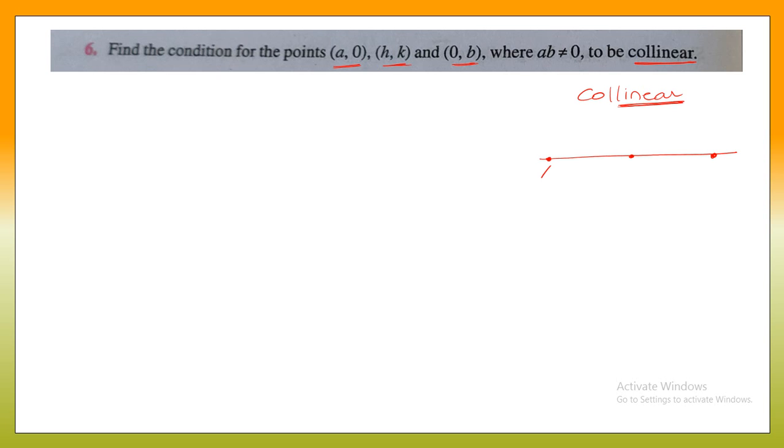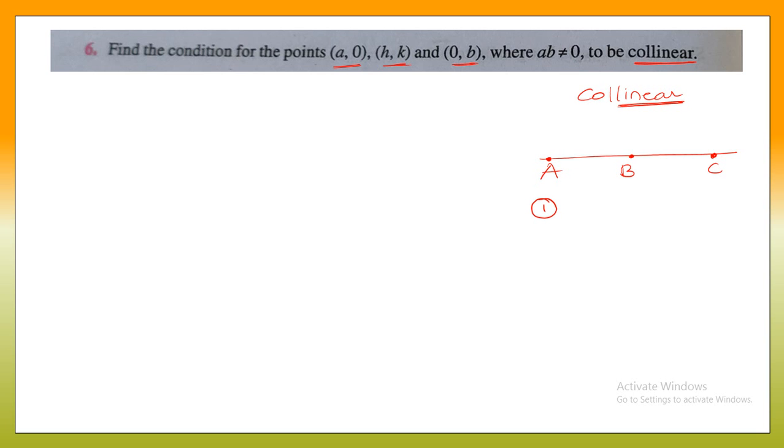Suppose I consider 3 points A, B, C. These are the 3 points. Now there are different methods to explain collinearity, right? The first one is the distance formula. Using the distance formula we can say that they are collinear.